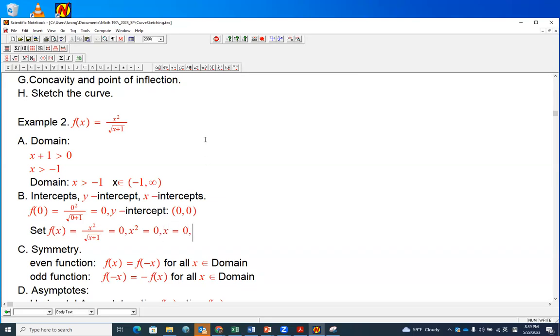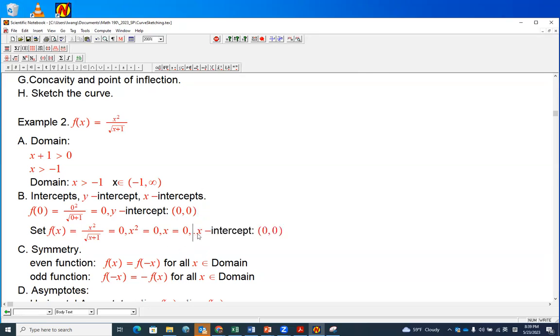So the x-intercept and y-intercept happen to be the same point. Okay, we only have one x-intercept, and that is 0, 0. Put it right here.